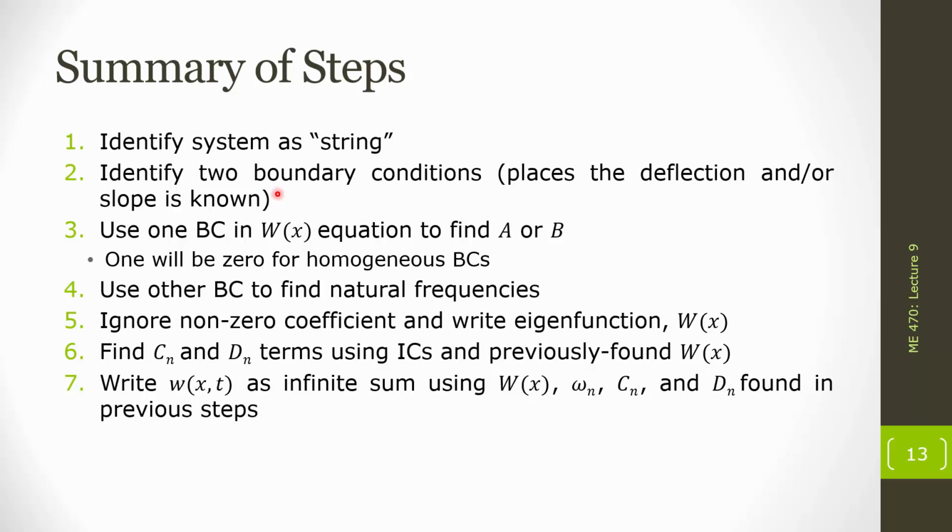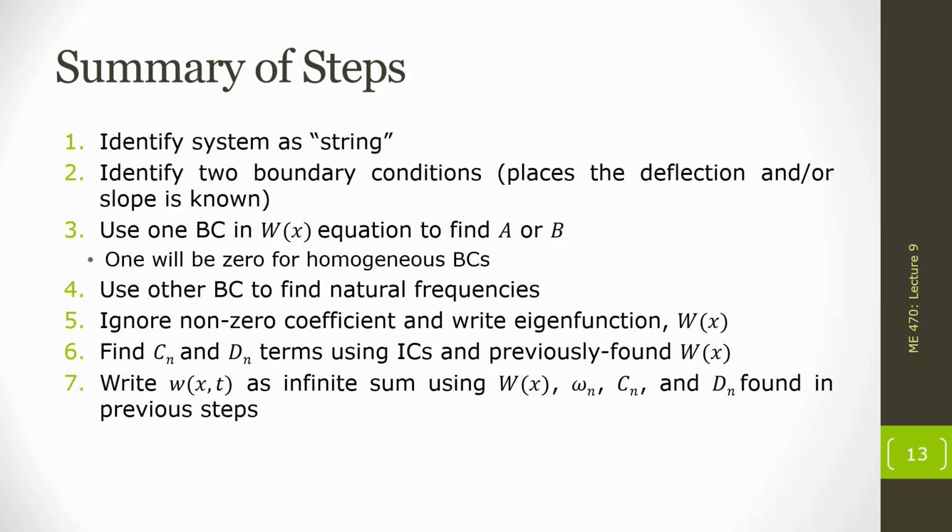We're going to use one of those boundary conditions to find that either A or B is 0 in the string, in that w of x equation. But we cannot say that both A and B are 0 or we get that trivial solution. So we're going to see that the other boundary condition is going to be used to find the natural frequencies of the string.